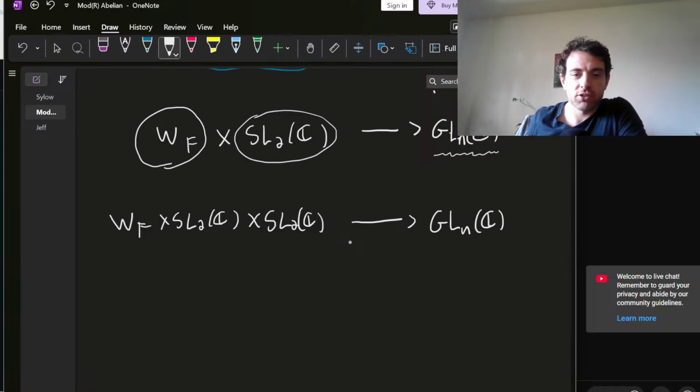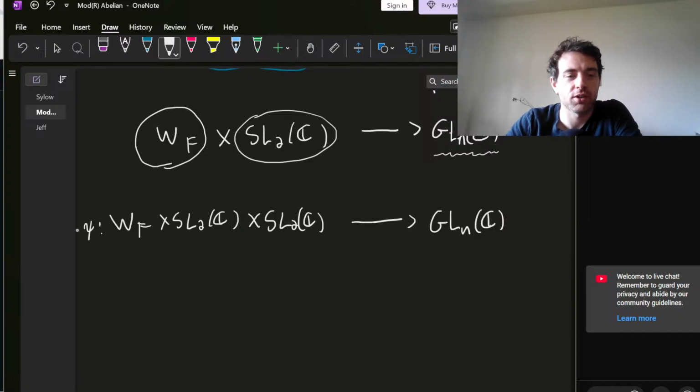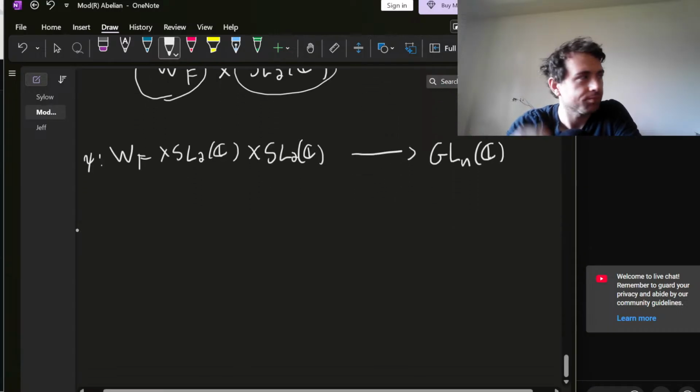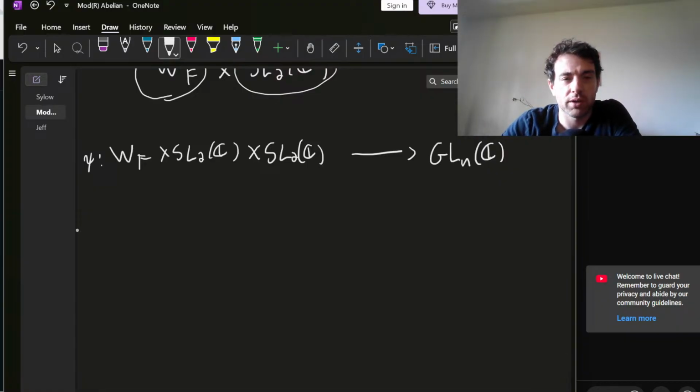And it works, and he calls these homomorphisms, well, he doesn't call them Arthur parameters, but now they're called Arthur parameters. And the point of Arthur parameters is basically, well, I guess there's a few things, but every Arthur parameter gives rise to a Langlands parameter.